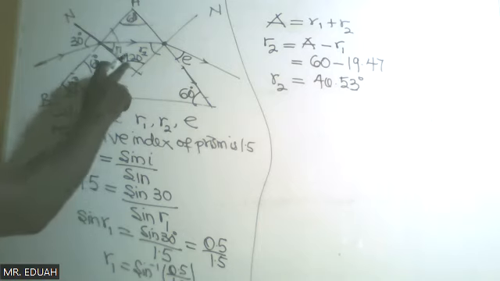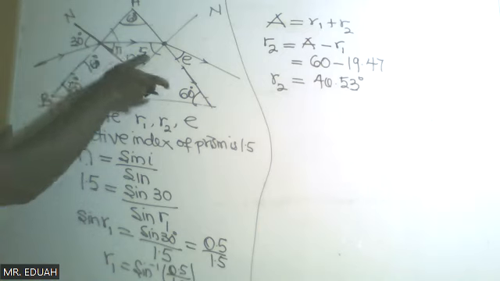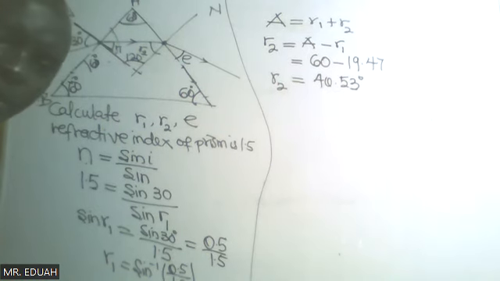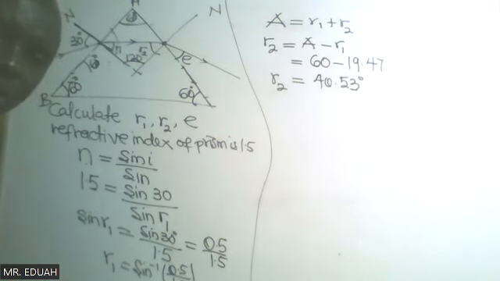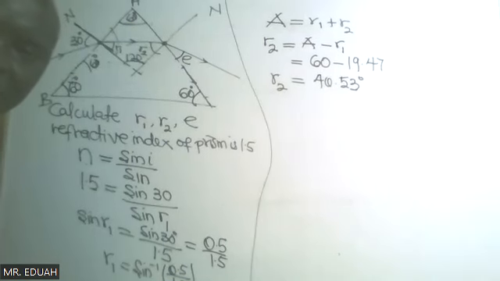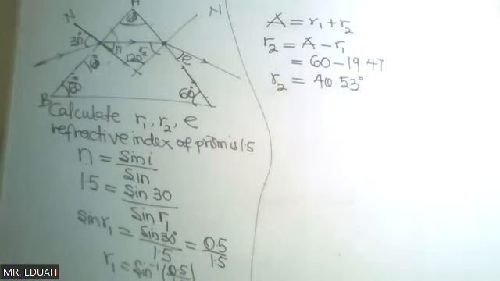And if this is 120, and you know R1, can't you find R2? Yes, that's the other way to use. So if we found R1, and this is 120, we can easily find R2.